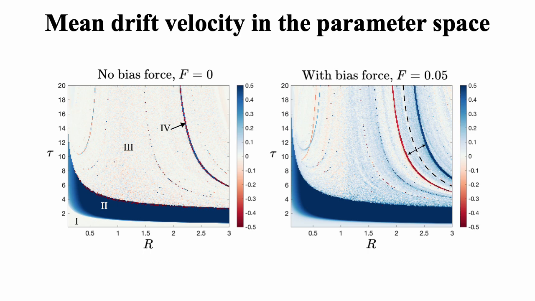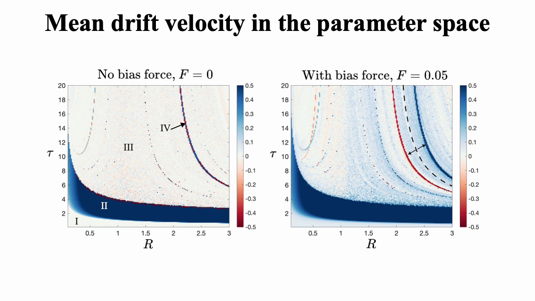Whereas if you were above this band in the chaotic state, when there was no bias force, and then you introduce a bias force, then you would be swept by the blue band, which is the positive mobility band, and you would have a sudden jump in the average drift in the positive direction. So what we have found is that in this system, we have a nice mechanism for understanding the origin of these anomalous transport behaviors, so this giant negative mobility and also the giant positive mobility.